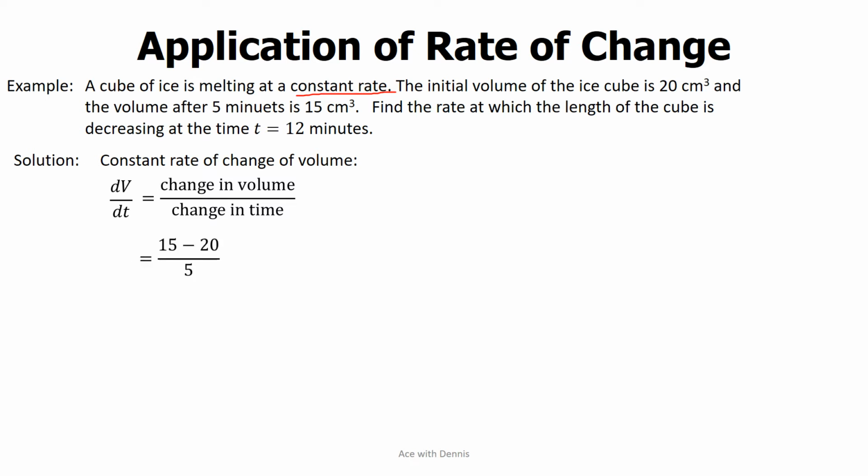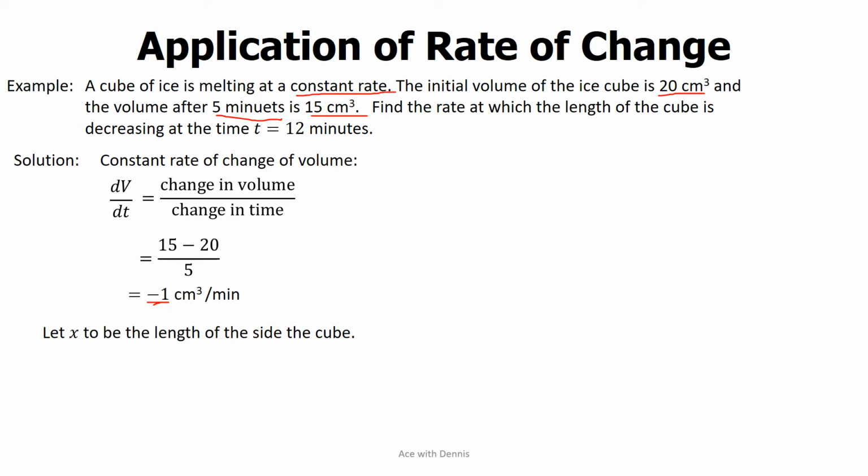At first it is 20 cm cubed, and after 5 minutes it is 15 cm cubed. So the rate of change of volume for this case will be 15 minus 20 over 5, which gives us negative 1 cm cubed per minute. Notice that a negative rate means the volume is decreasing.